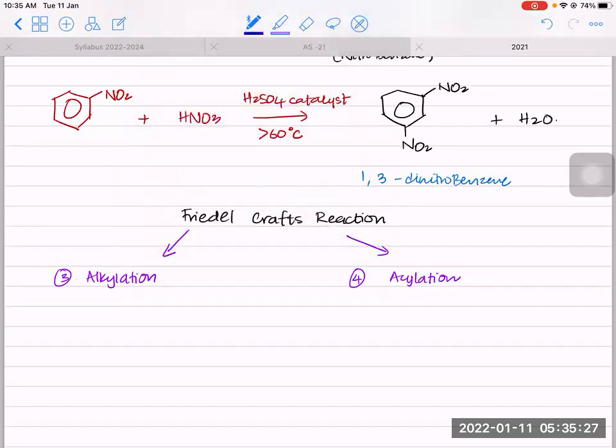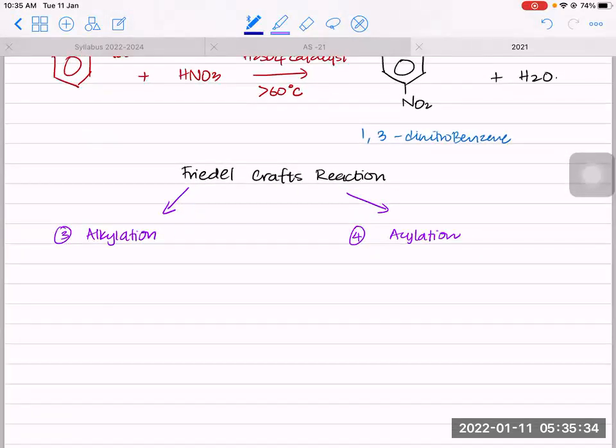Now let's see, what do we mean by alkylation and acylation? Alkylation comes from the word alkyl. You'll be attaching the alkyl group, right? So you have C6H6, that is benzene. You will take a halogenoalkane. For example, if you want to attach a methyl group, you can take chloromethane, or you can take anything which will give you the methyl group. So a halogenoalkane will give you an alkyl. So you can take, let's say, RCl.